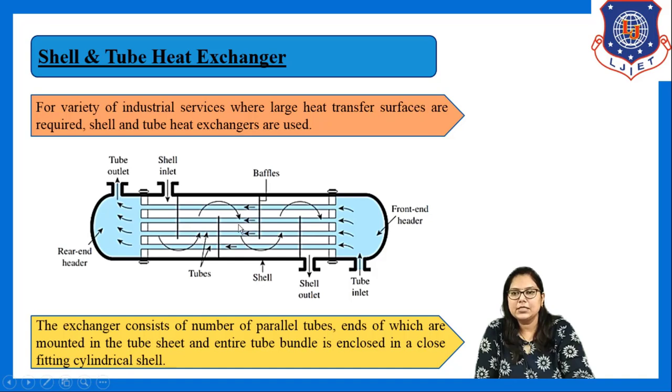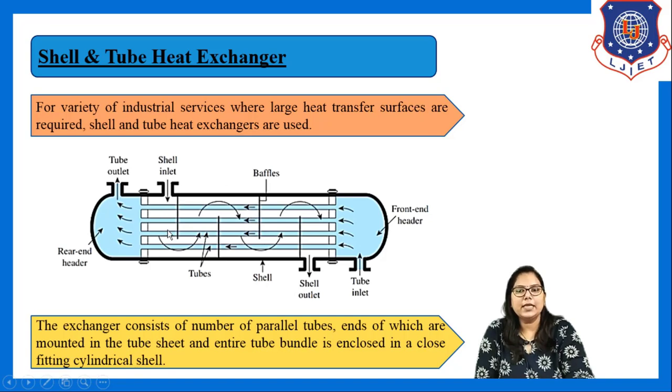The fluid passes through these tubes, and this is the outlet of the tube side fluid. Simultaneously, this is the shell side fluid which enters from here, passes through the space between the tubes and shell, and leaves from here. As it travels along this space, heat transfer occurs.